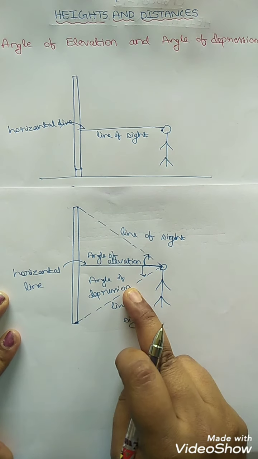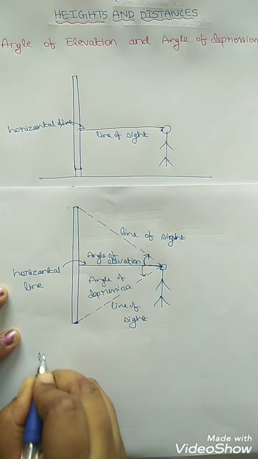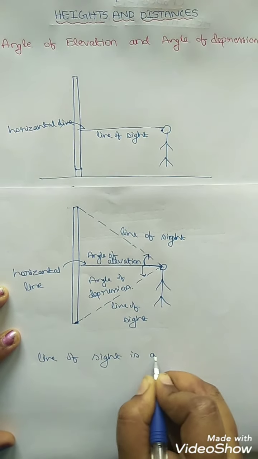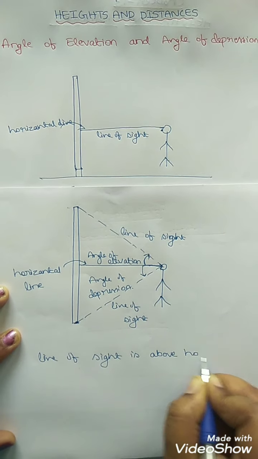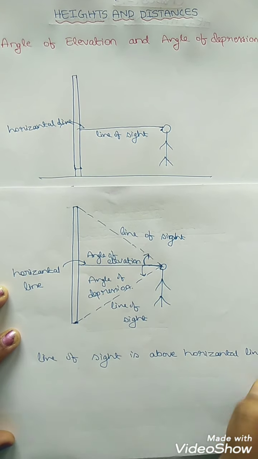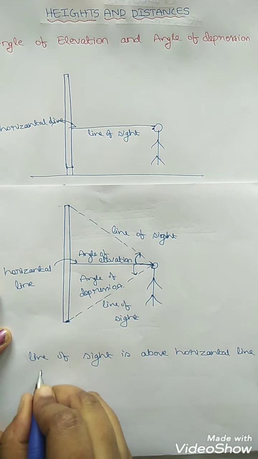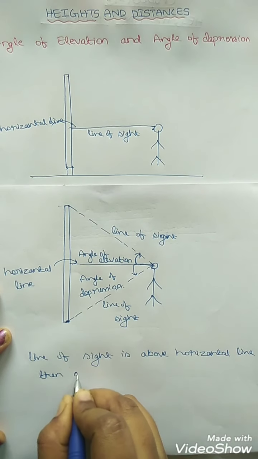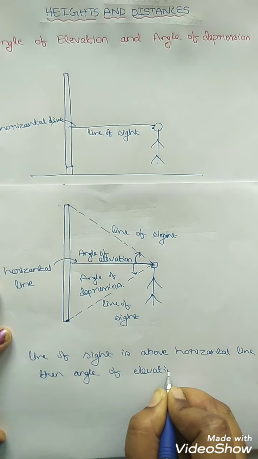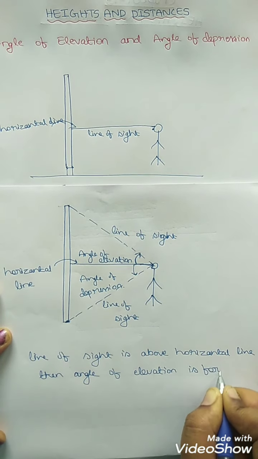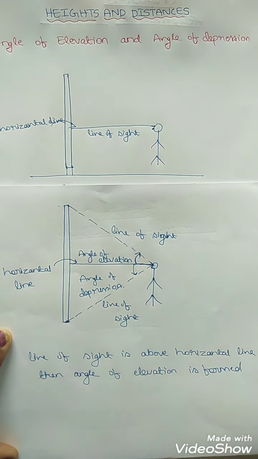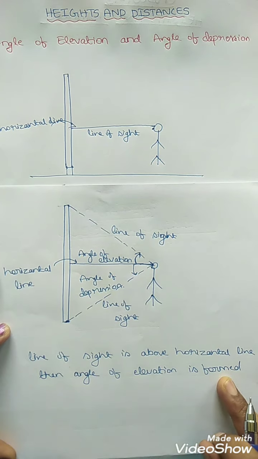In general, when the line of sight is above the horizontal line, then the angle of elevation is formed. Suppose the line of sight is below the horizontal line, then the angle of depression is formed.